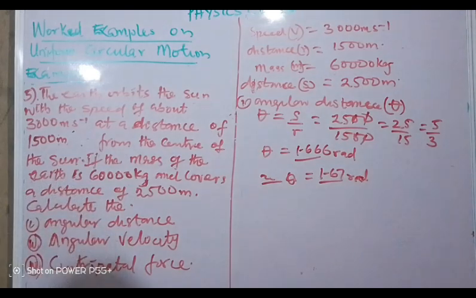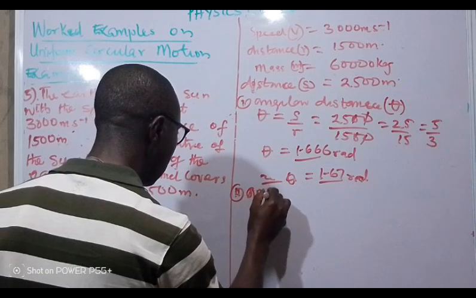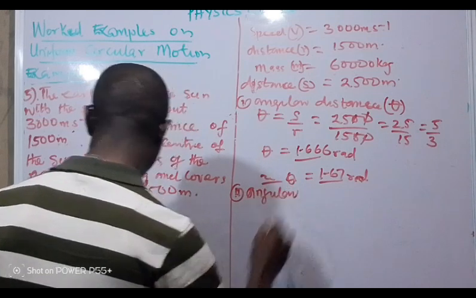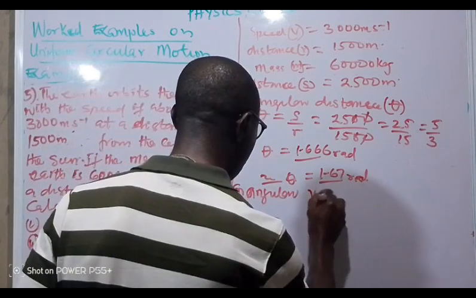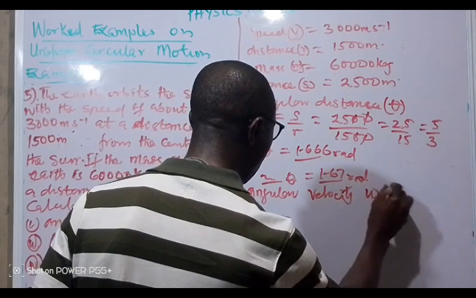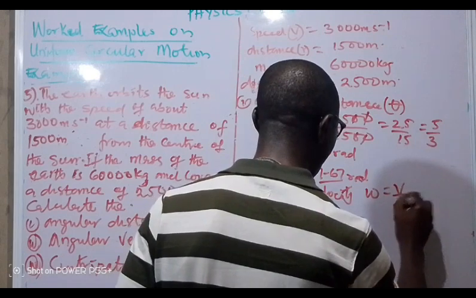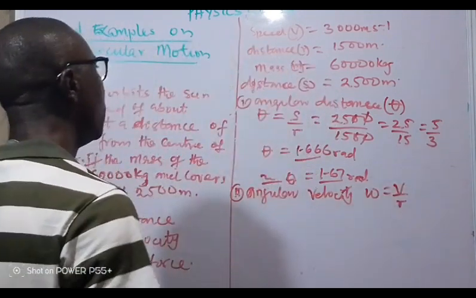Then the second question says we should calculate angular velocity, which is omega. And we know that omega is equal to v over r. v is given, that is 3,000.